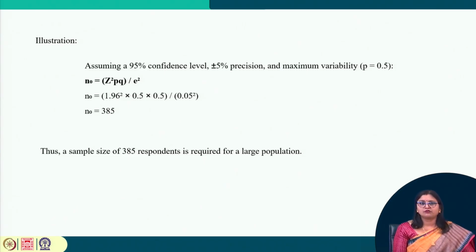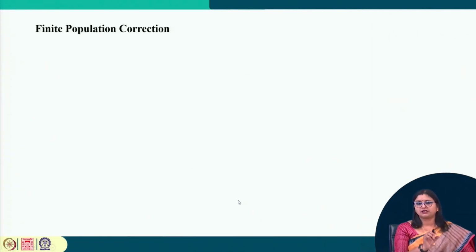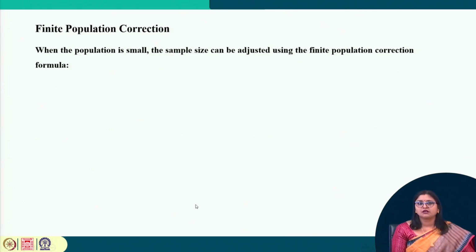So, if we calculate with this 0.5 variability, a sample size of 385 respondents is required in a large population. I have missed the population number maybe here. If the population is small, the sample size can be adjusted using the finite population correction formula.